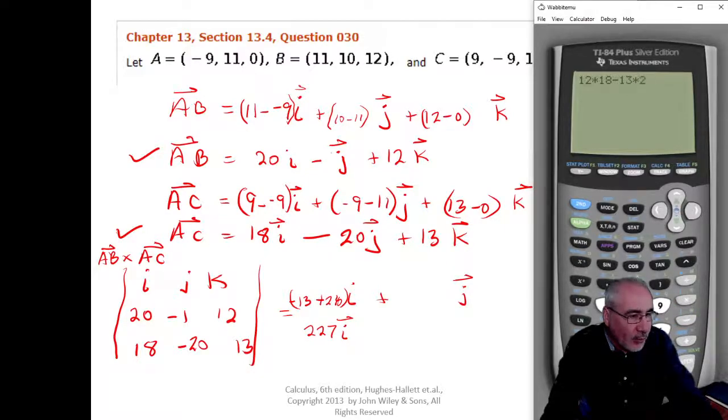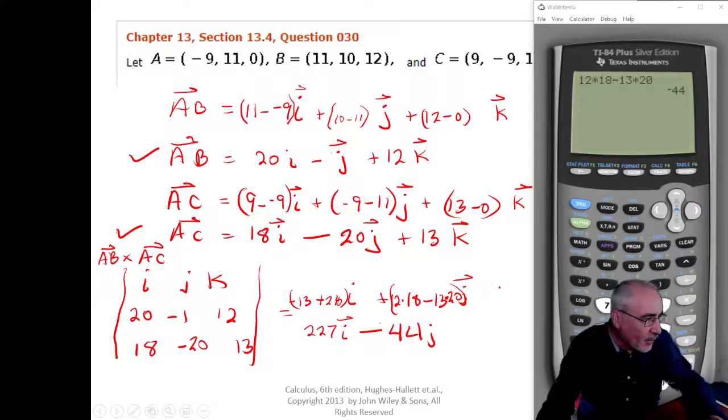Now, order of operations will be followed by my calculator, so I can be safe about this. It gives me a negative 44. So minus 44J. Okay, so what did I have? 12 times 18 minus 13 times 20. Again, it's just good to have this for backup work in case I go, oh wait, I did something wrong here.